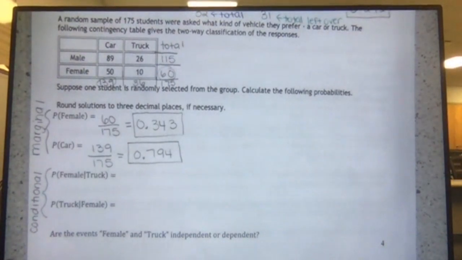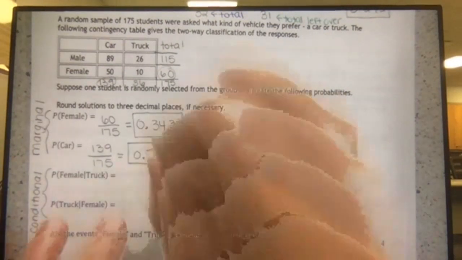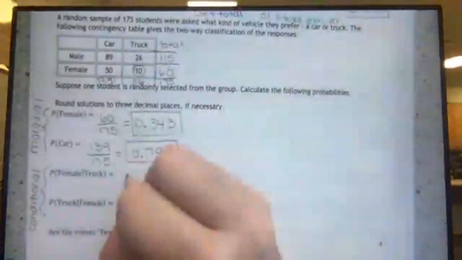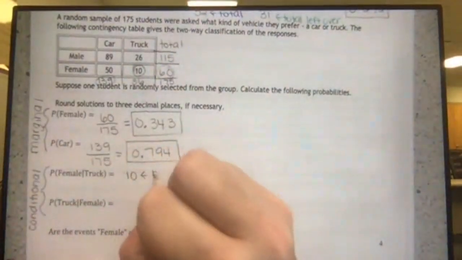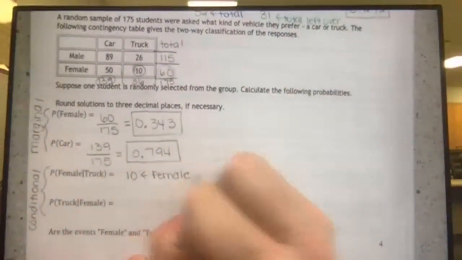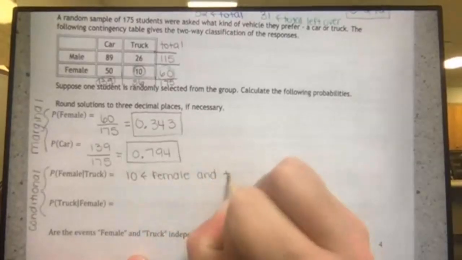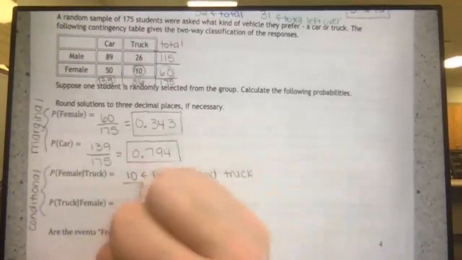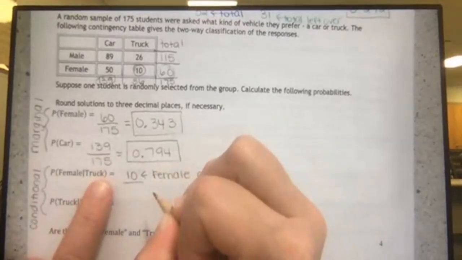So probability of female given truck. Looking at our chart, the chart really helps us here, makes this so much easier. How many females answered truck? How many female truck answers are there? 10, good. So female and truck. Remember, we're only looking out of our truck. So how many truck options were there total? 36, good.